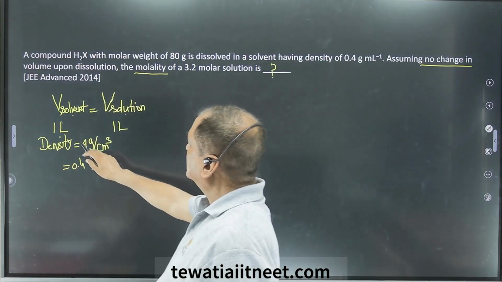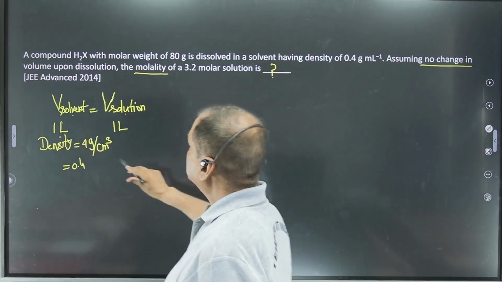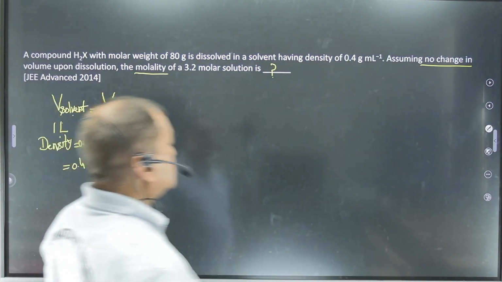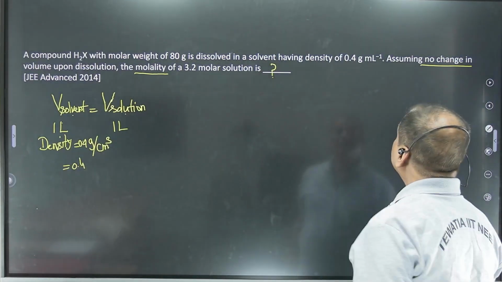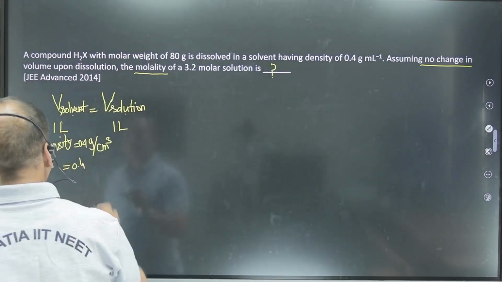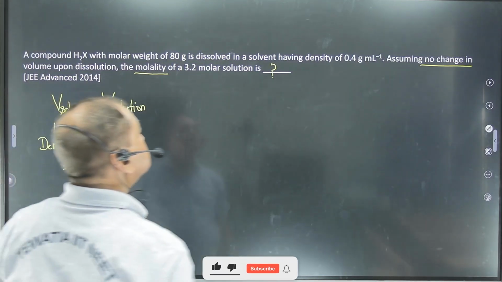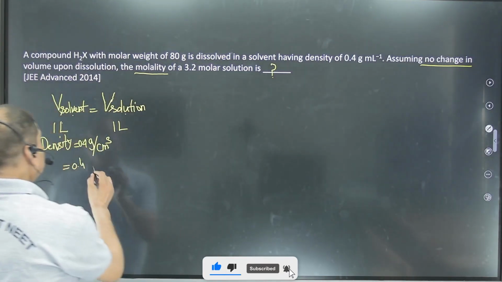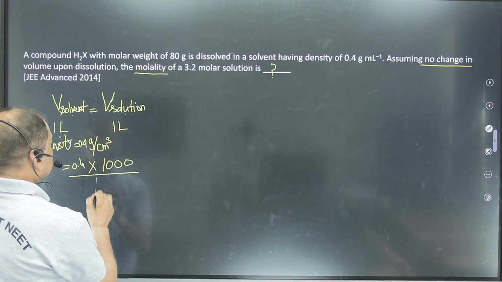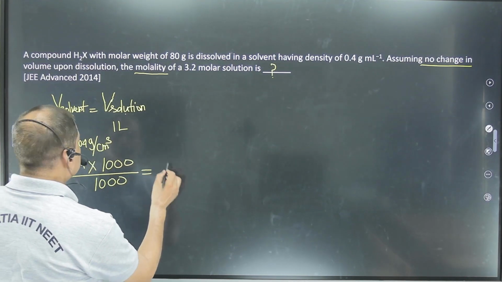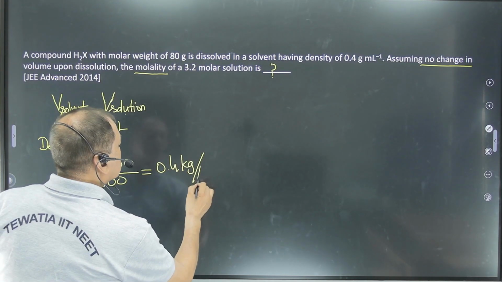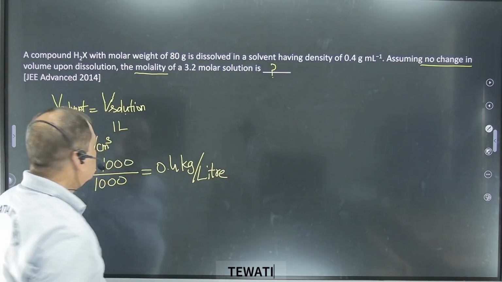0.4 gram per milliliter, so that means 0.4 gram per cubic centimeter. That means 0.4 into 1000 divided by 1000 equals 0.4 kg per liter.